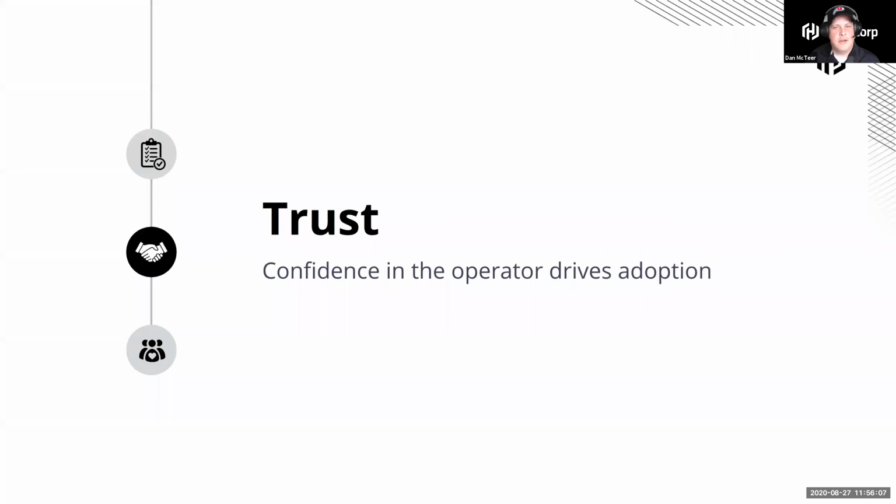Second key to driving adoption is trust. And this is the biggest reason why I brought up the support team factor. Nothing goes farther in building trust with your users than to have a group of people supporting your service that have been in their shoes.